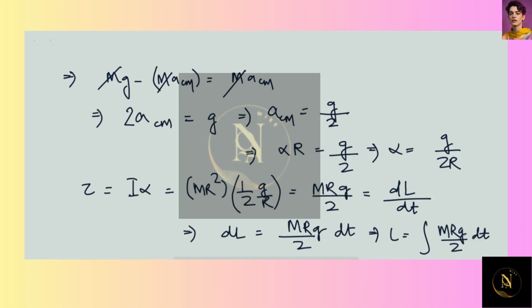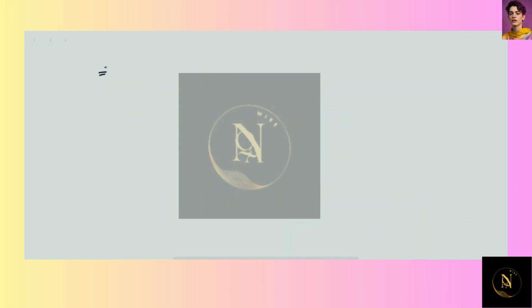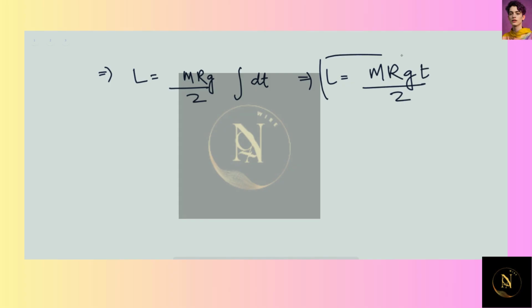Since this term is a constant, we can take it out of the integral, and integration over dt is just equal to t. Therefore, L will be equal to mRgt over 2. So this is the net angular momentum.